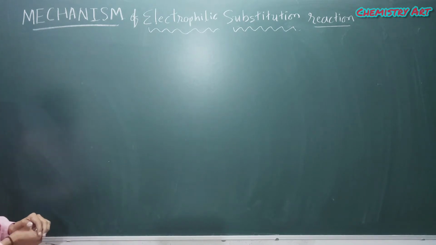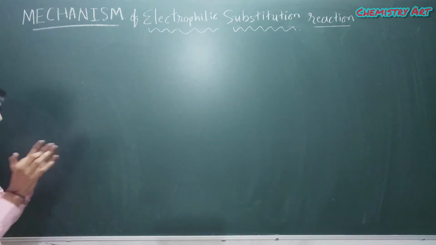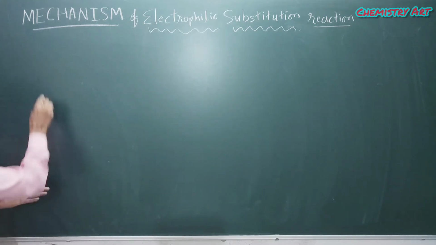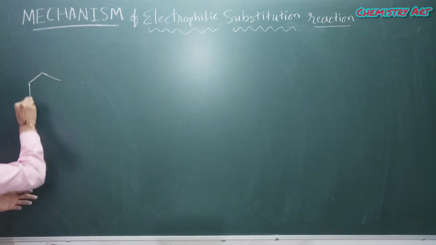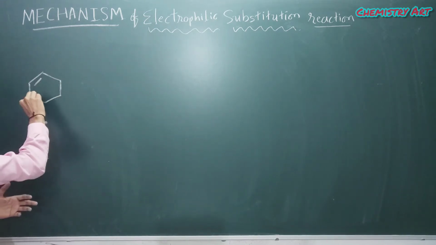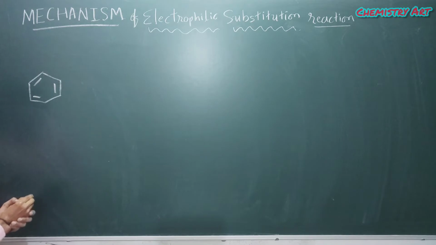Suppose we are going to do the substitution of benzene. All of you know the structure of benzene. It is C6H6, and this is the structure of benzene.